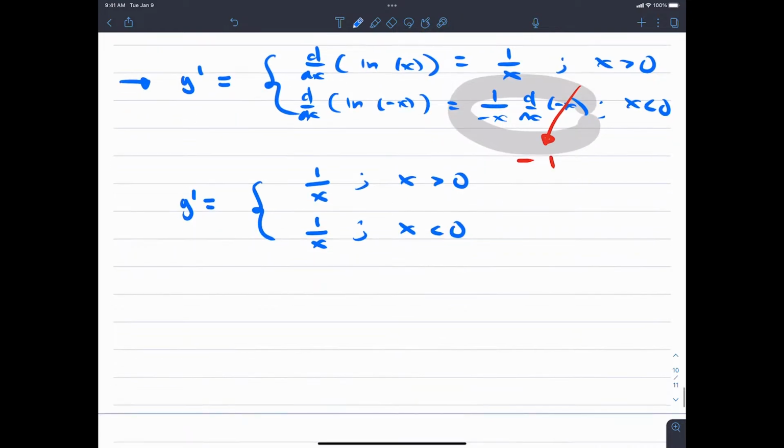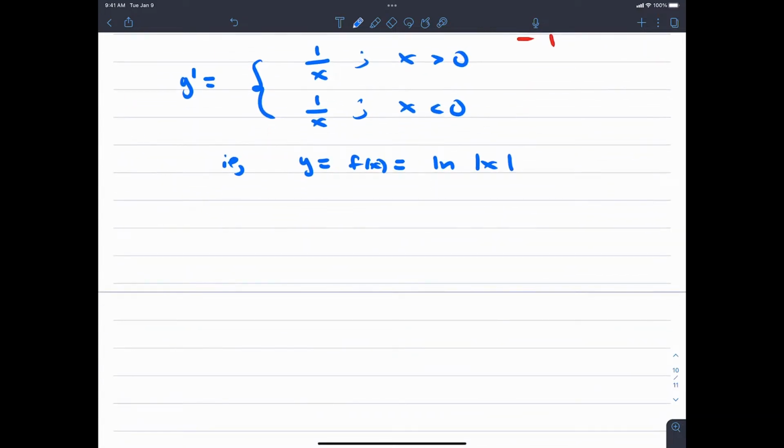And so what this means really is, and you could say y or f, it does not matter, that the natural log function in absolute value implies that dy dx, or that derivative, is 1 over x, and x simply is not 0.